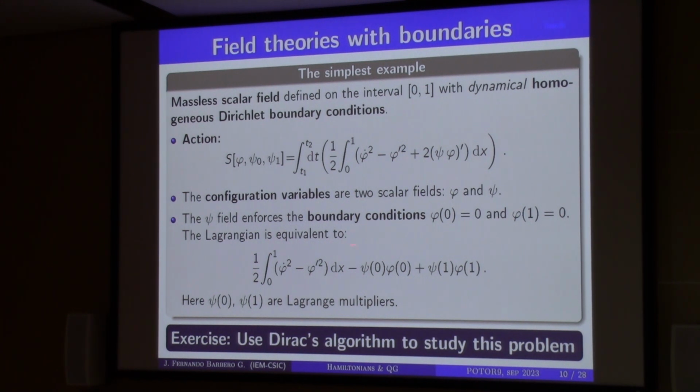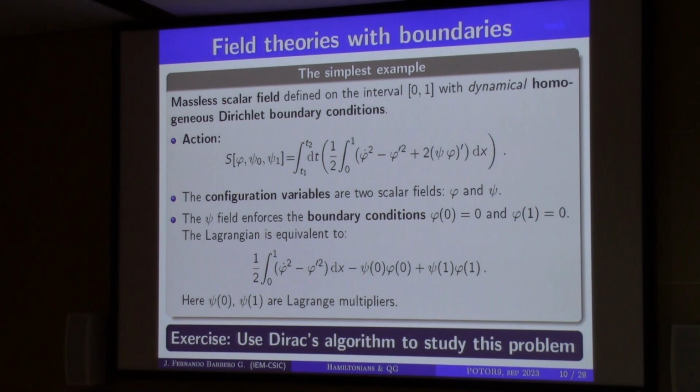Now, when you compute the variations of these, you can see that you get the wave equation in one dimension, and you get these other conditions. It's very easy to see because, of course, you can integrate this part here. You will get the value of the product at 1 and at 0.